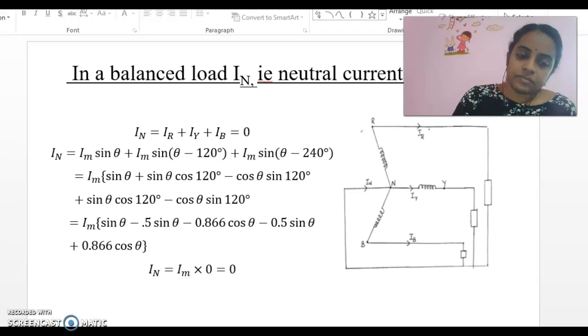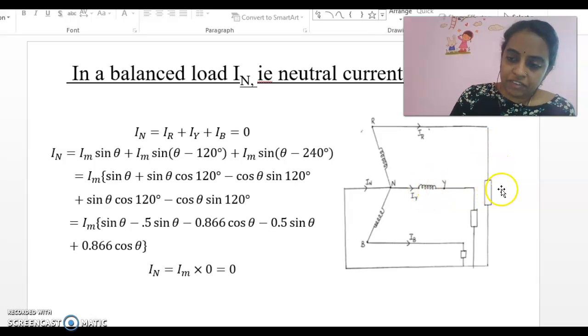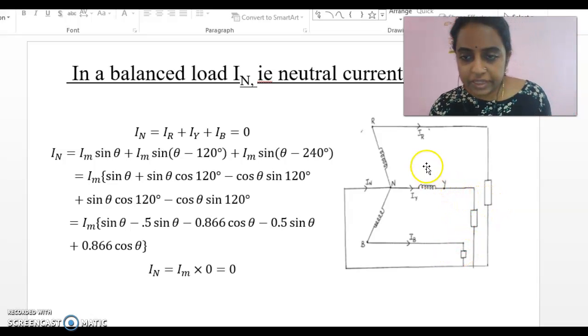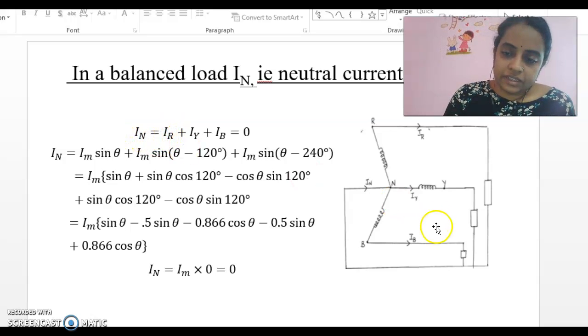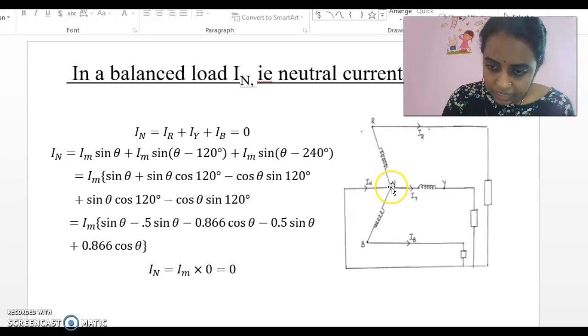In a balanced load, the neutral current is 0. How can we prove that? If the three-phase loads are balanced, the same load applied on the three phases, the neutral current is 0. Neutral current IN equals, see, this is a node, current is going outwards from this node and neutral current is coming inside.